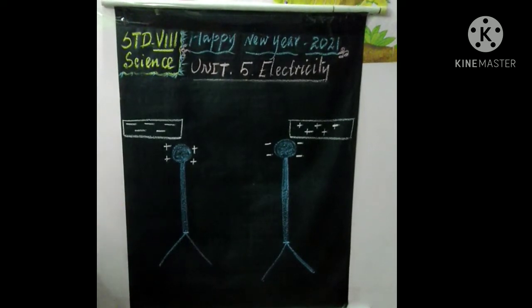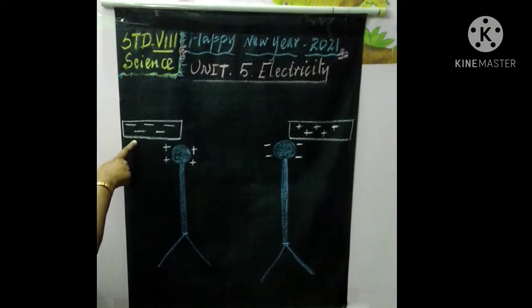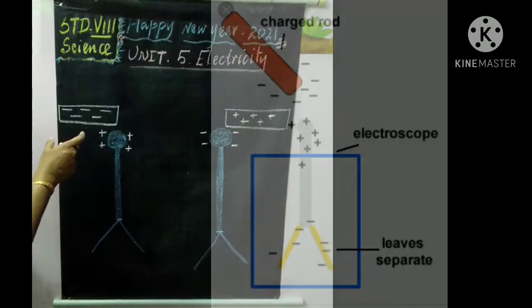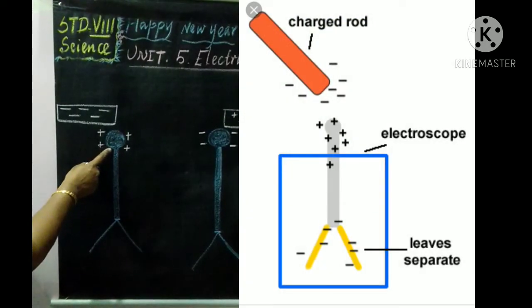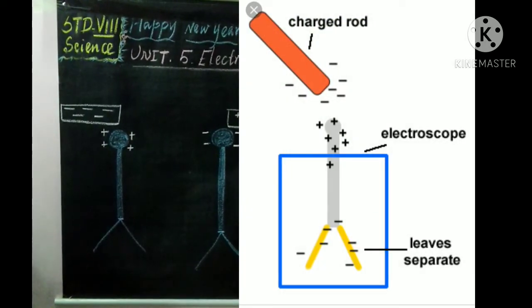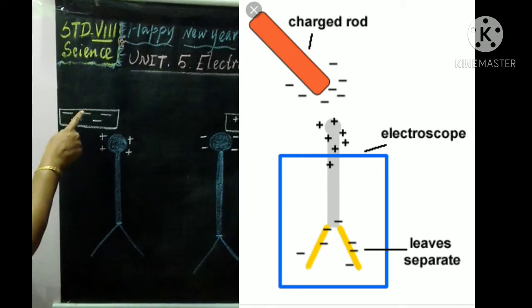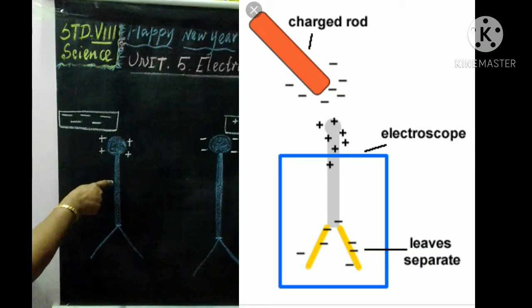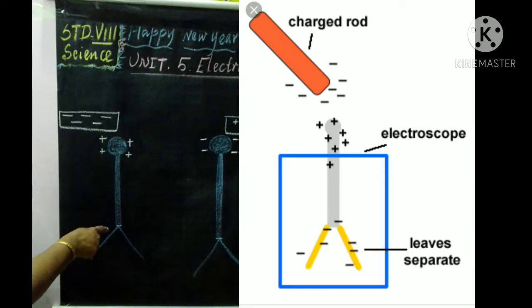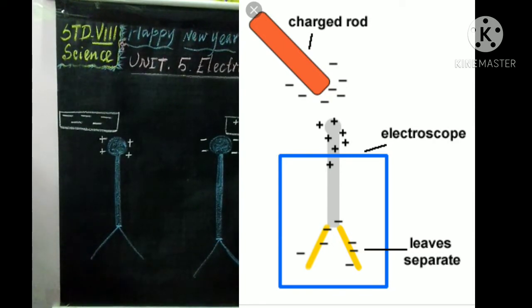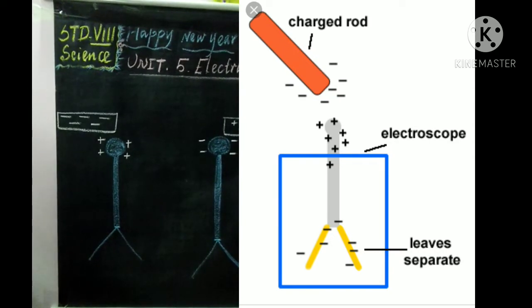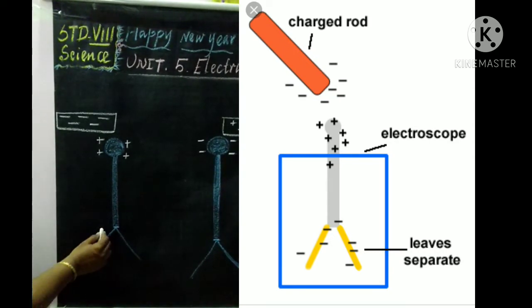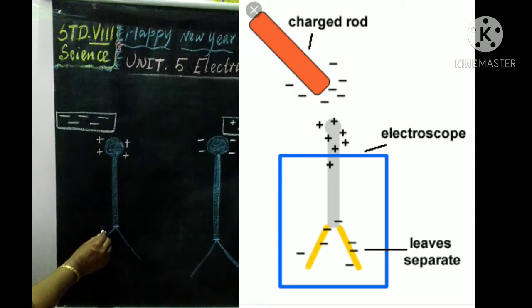How is it? We will see. At first we bring a negative object near the top knob of the electroscope. What will happen? The negative charge induces the free electrons in the electroscope to move down into the leaves.